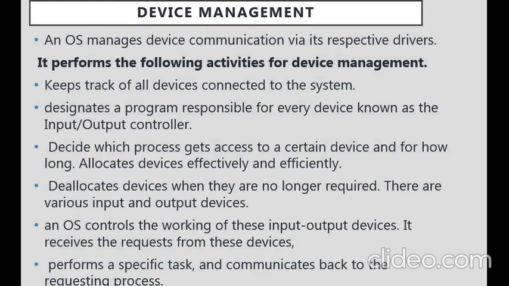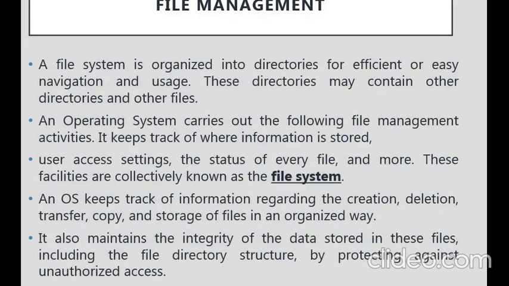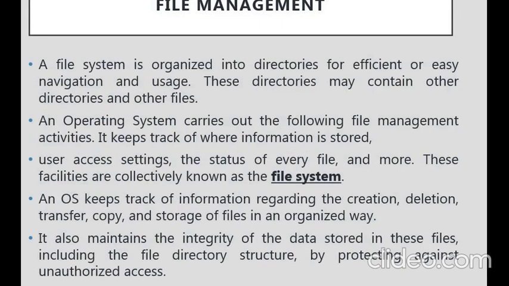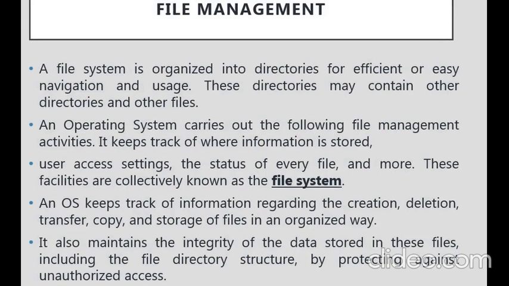Next feature is file management, which is also an important function of an operating system. All data and information available in the computer are stored permanently in the computer memory.